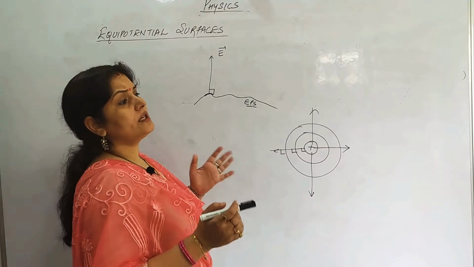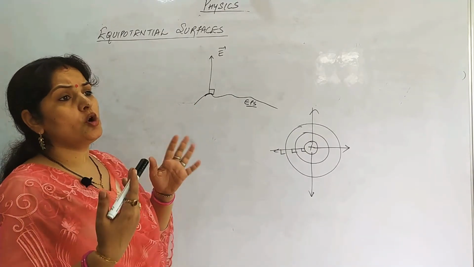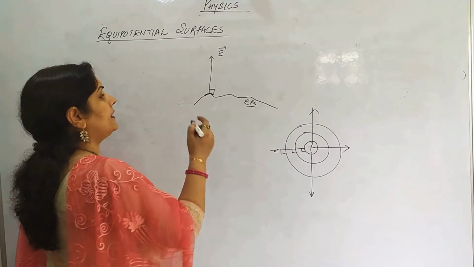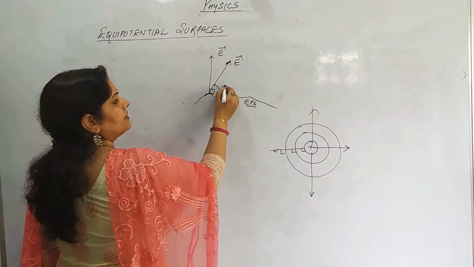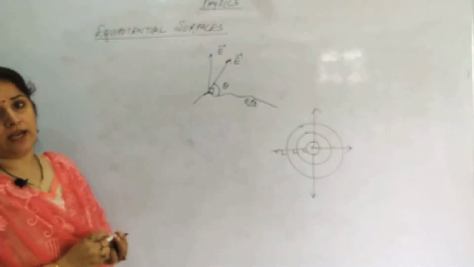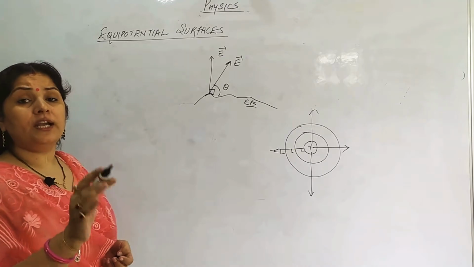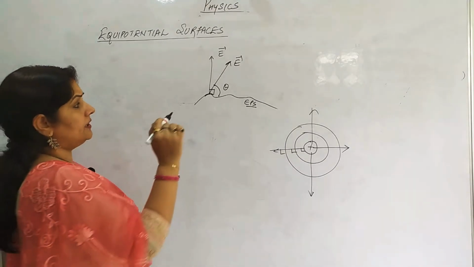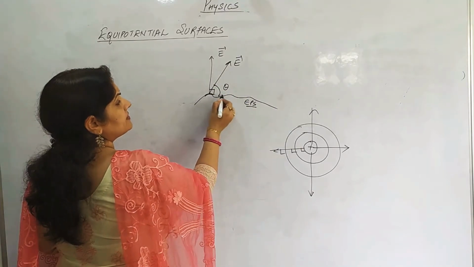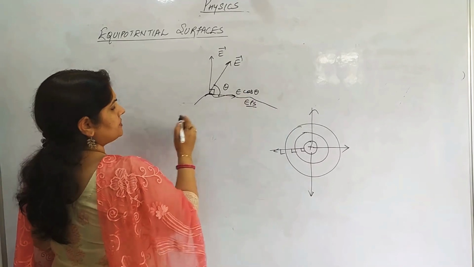Suppose we take a situation in which we consider that it is not 90 degrees. Suppose I am saying that for any surface the electric field is at an angle of theta. 90 नहीं है, theta है. Right? So how to prove it wrong? The electric field cannot exist at any angle apart from 90 degrees. So considering this element, the component would be E cos theta along the equipotential surface.